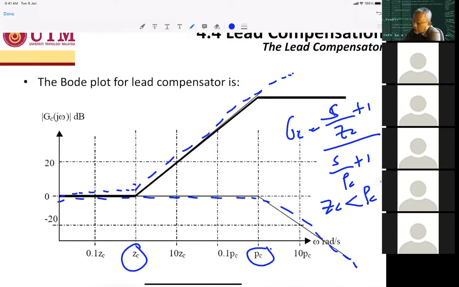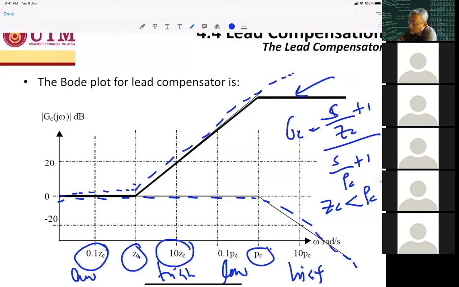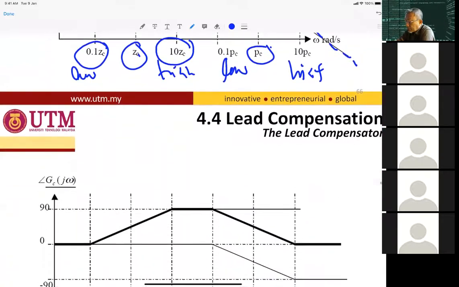So one decade before ZC is 0.1 ZC, and one decade after ZC is 10 ZC, which is the low frequency and this is the high frequency. Similar for the PC, this is the low and this is the high frequency. Then when you add them together, it gives you the bold line, which is the total of gain curves 1 and 2. Similar for the phase.